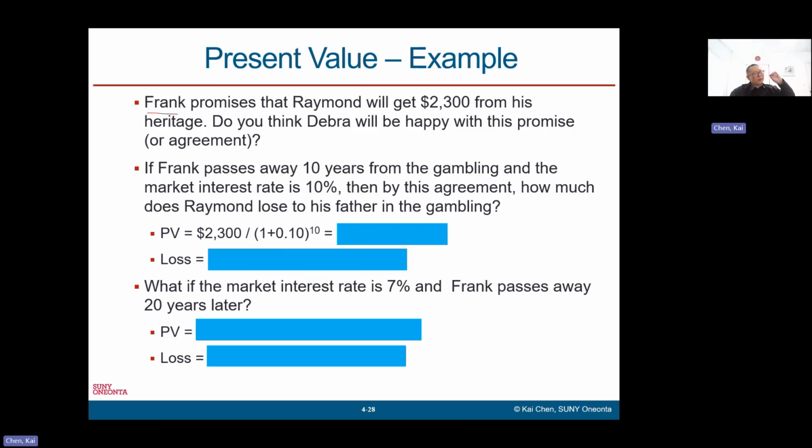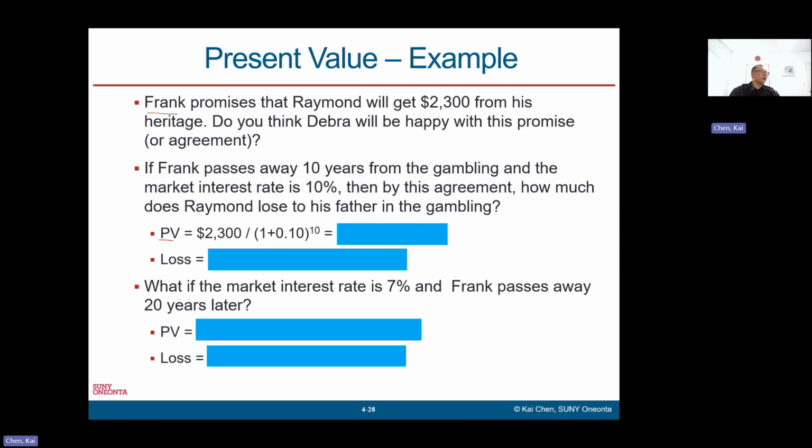First of all, we find out the present value using the formula, and then I explain the economic meaning of this present value.